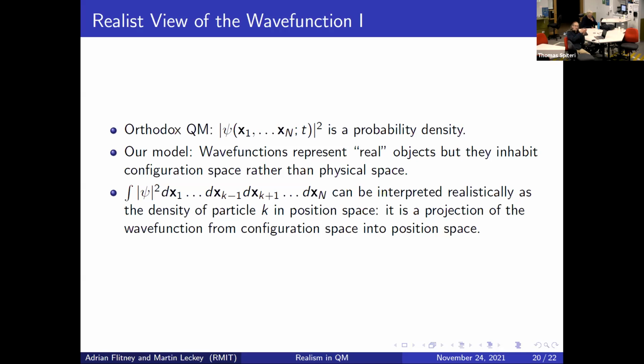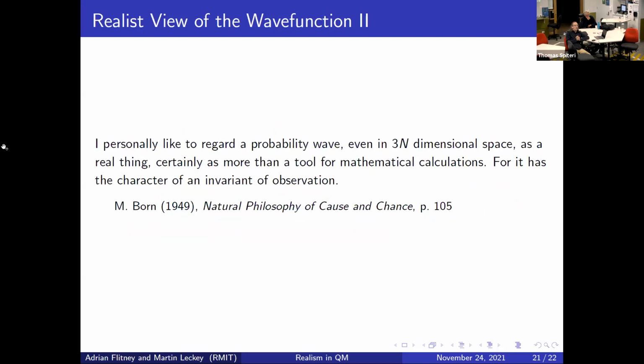And this integral of the mod squared of the wave function, if I integrate over all the spatial variables apart from the position of particle K, then this can be interpreted realistically as the density of particle K in position space. Once I've integrated out all the other positions, now I'm just in the position of particle x_k. And it's the projection from configuration space into position space of this wave function, or into the position space of particle K. And we'll go to the last slide.